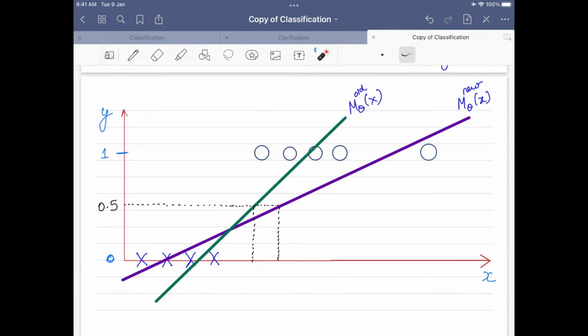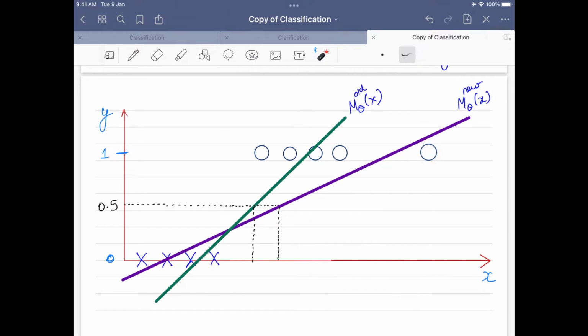Our linear line which we fit to the data originally is the green one. But now, because of this new phase image which is far away from this distribution, the green line changes to the purple line. You can see now that this green line is not there; the purple line is the new one, and it is coming because this particular sample is coming over here.